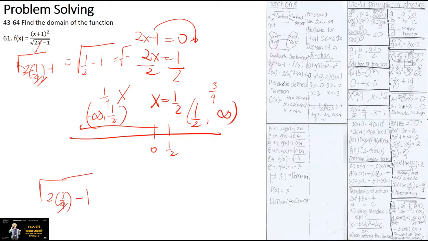So, that's 3/2 minus 1. 3/2 is 1.5. So, ibig sabihin, square root of 0.5. So, that's okay kasi positive. So, okay to. That will be 1/2 to positive infinity.